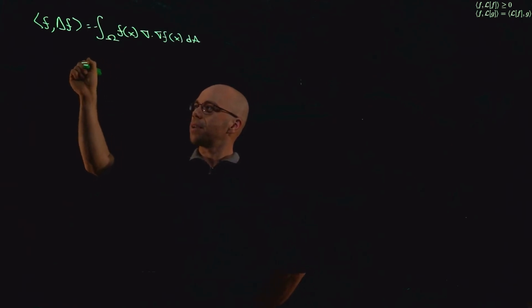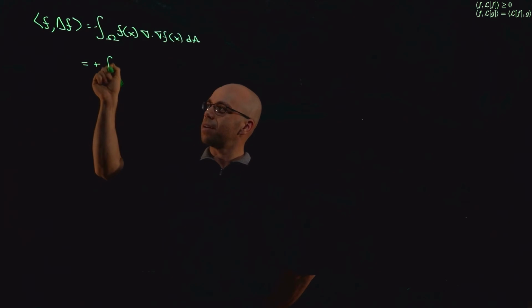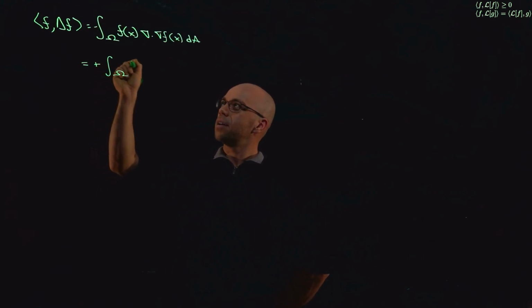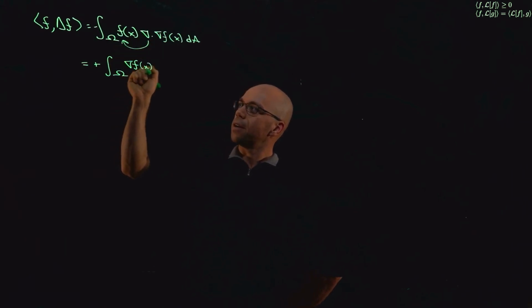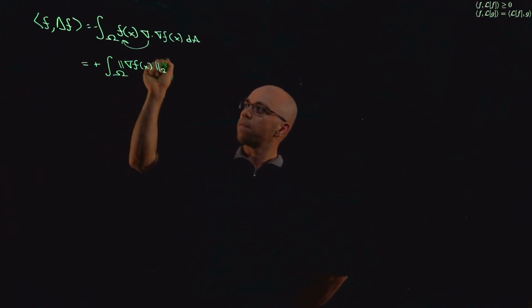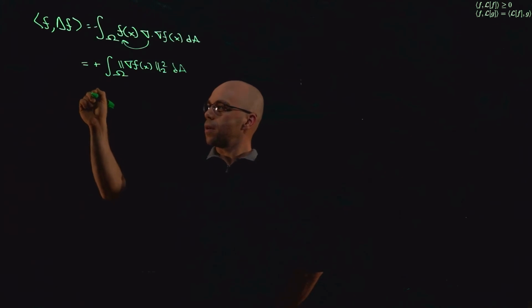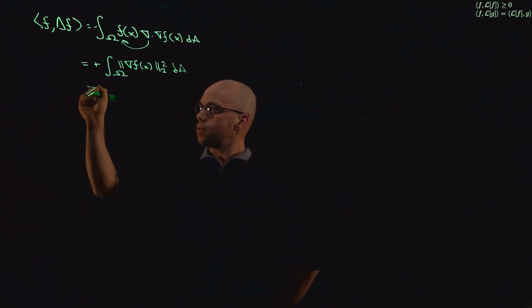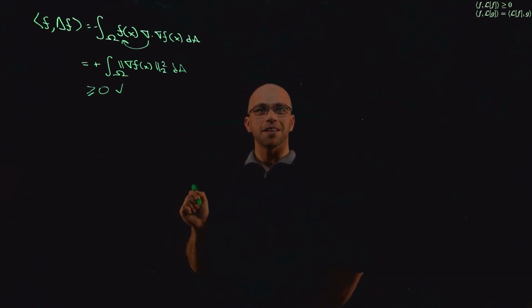What we get is minus times that other minus, so that becomes a plus: the integral of the gradient of f, moving this divergence, evaluated at x, dot producted with itself, so that's just the 2-norm squared dA, which is, of course, greater than or equal to 0.